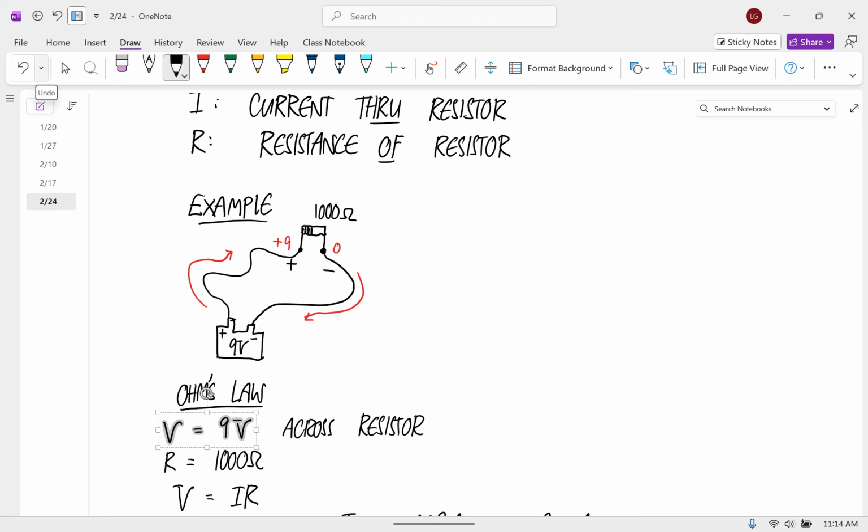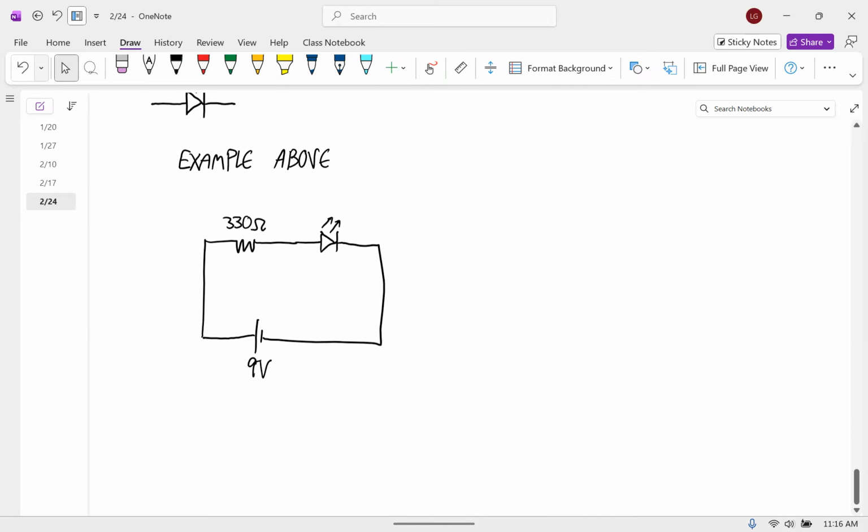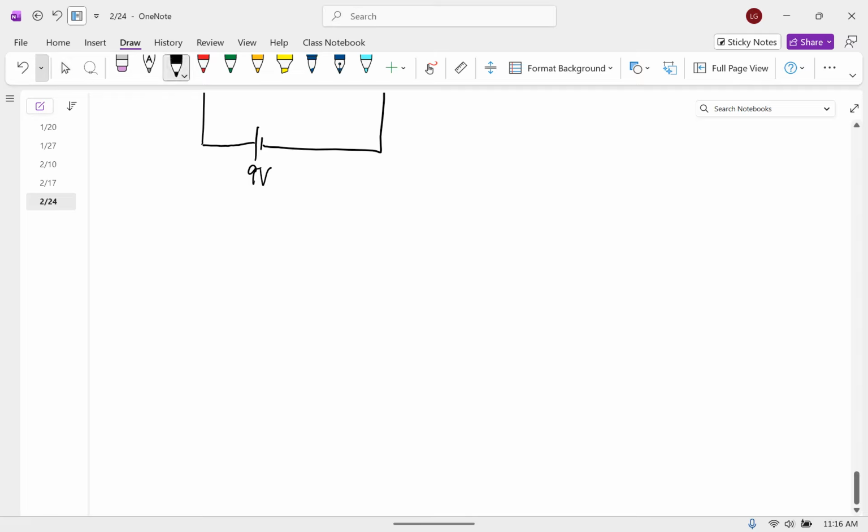Okay. So this is like our first example, but done as a schematic instead of a drawing.